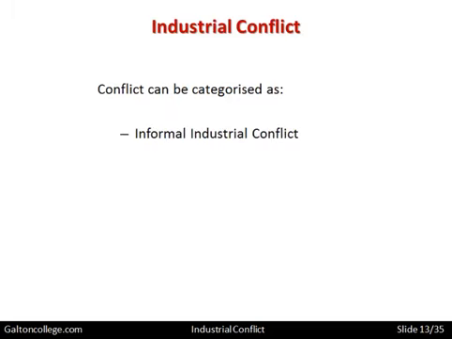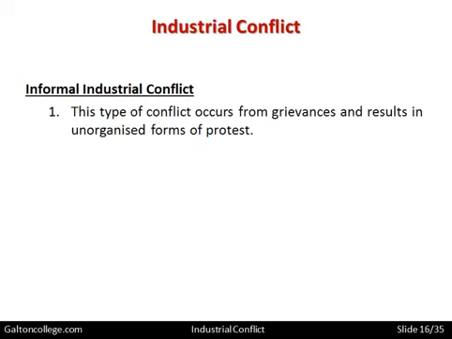Now it can be categorized. Conflict can be categorized as informal industrial conflict, or it could be formal industrial conflict. Informal industrial conflict, well, this type of conflict occurs from grievances and results in unorganized forms of protest. Sometimes the wider union will not take on board particular grievances.